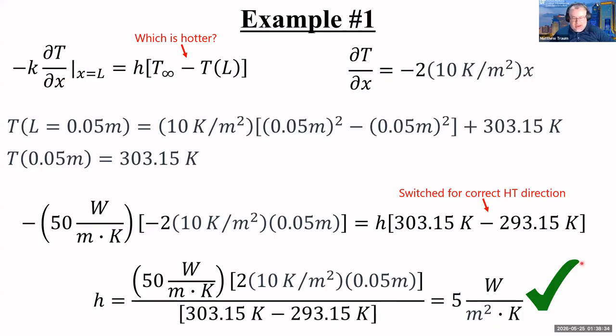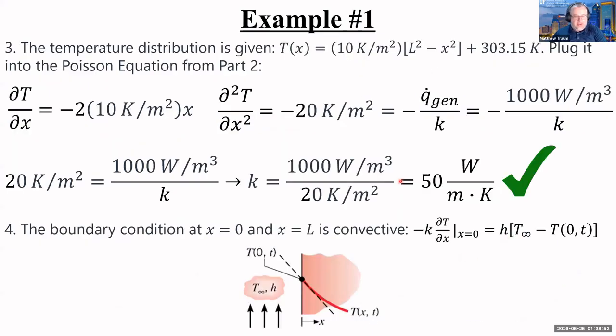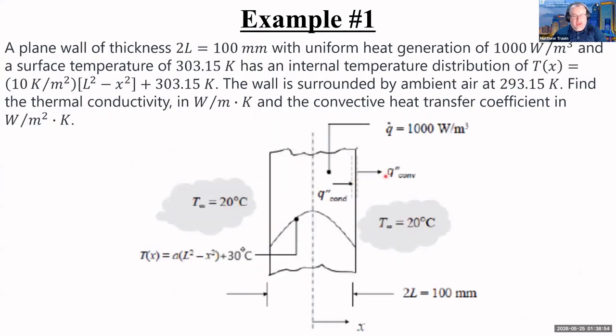Now notice, right? This is a little bit hand wavy, right? Do you switch these temperatures, yes or no? If I did not switch the temperatures, what would end up happening is I would end up with a negative convection coefficient, right? I get negative 5 watts per meter squared Kelvin, and that would tell me that I'd done something wrong with these temperatures. If you're looking back here, that's the equivalent of saying that this convective heat transfer is going into the slab, right?